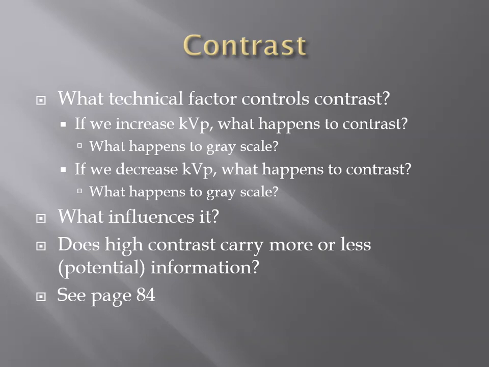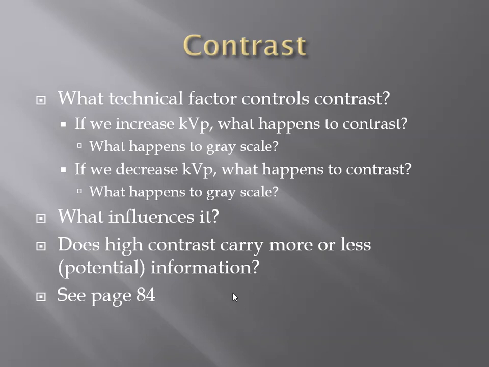The primary difference there is your peak energy does not go up. Average energy goes up. And finally, grid use works in the opposite direction. As you change grid ratio, you can affect a change in contrast. If you go from a low ratio grid to a high ratio grid, your contrast goes up because you remove some of the scatter radiation that would otherwise strike the image receptor.